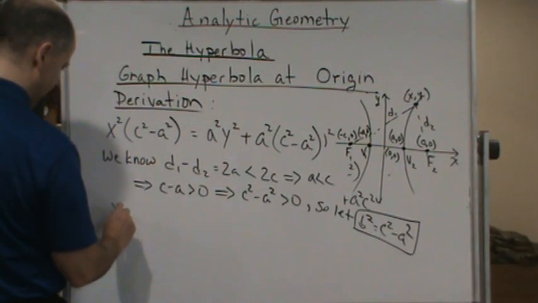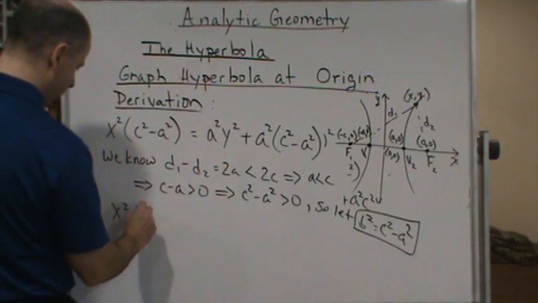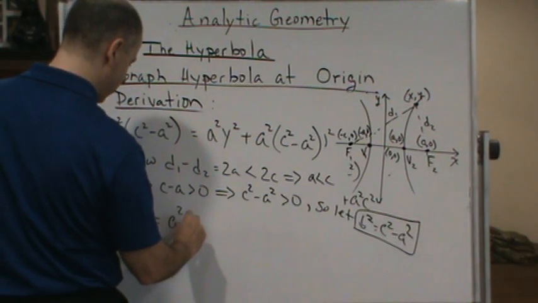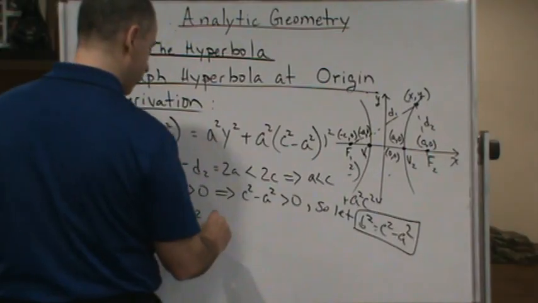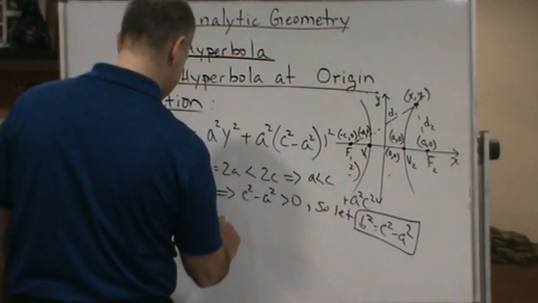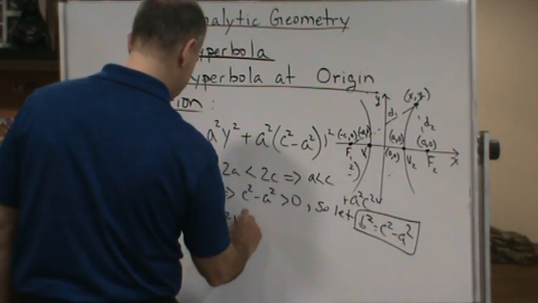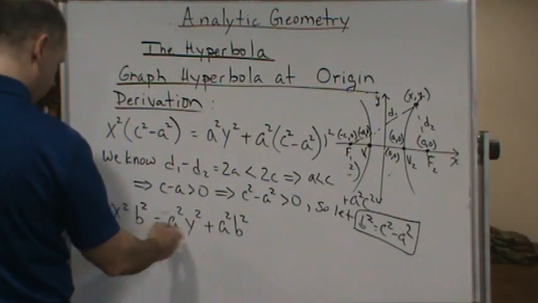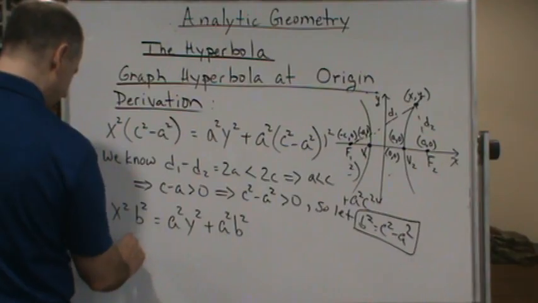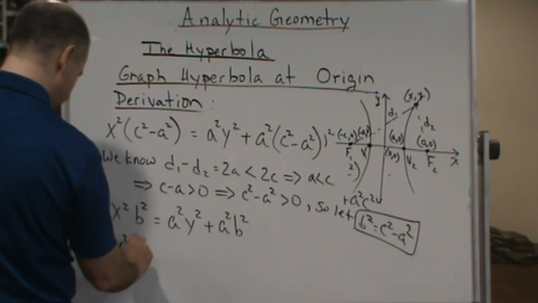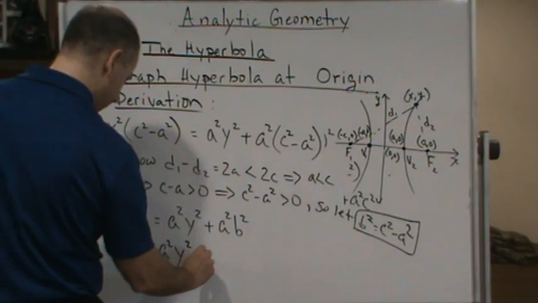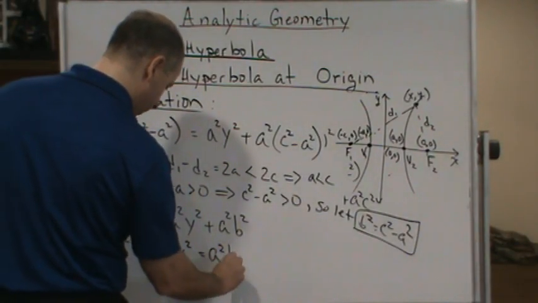So now that gives us x squared b squared equals a squared y squared plus a squared b squared. Now what we're going to do is subtract a squared y squared from both sides, and we get x squared b squared minus a squared y squared is equal to a squared b squared.